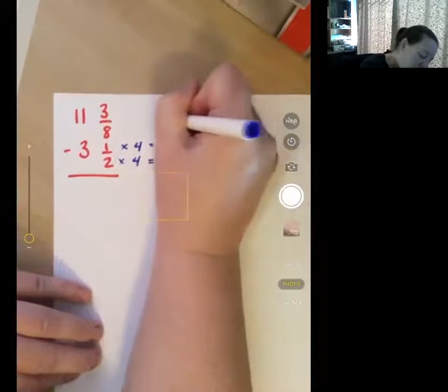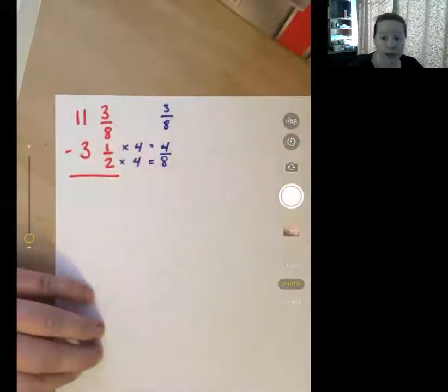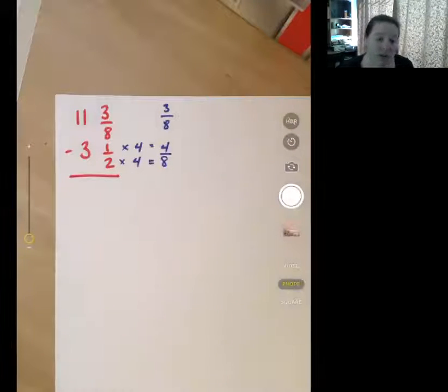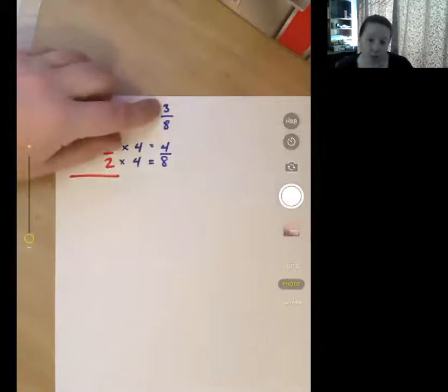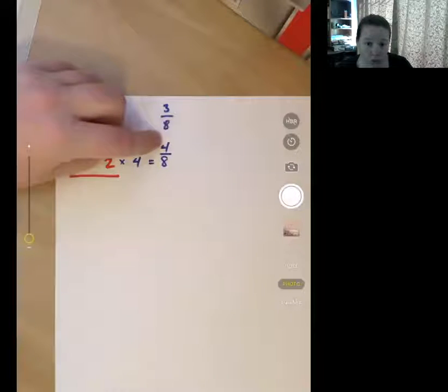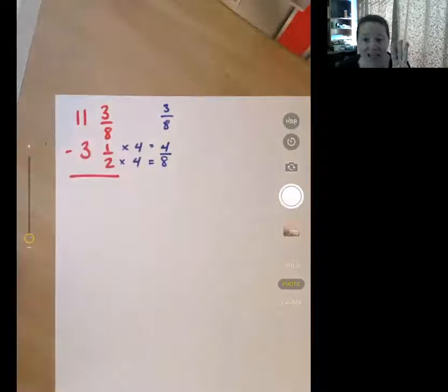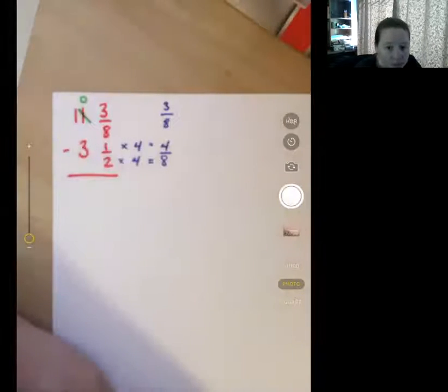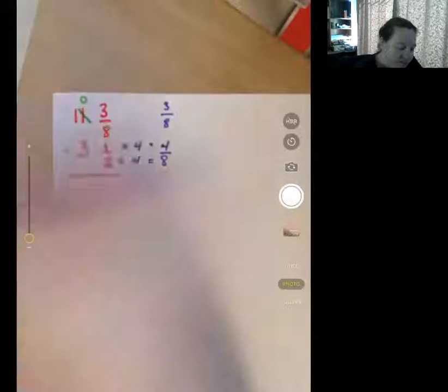So now I have 3/8 minus 4/8. I'm not able to do 3 minus 4. If I have 3, I cannot take 4. That means I have to do borrowing. So I'm going to borrow 1 from here, changing that into a 10 minus 3 over there.